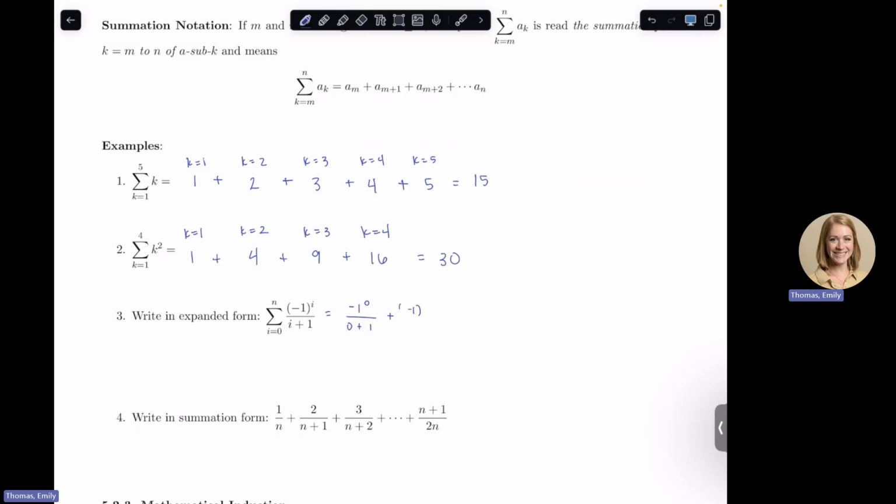Now we're moving to i equals 1. That's -1 to the first power over 1 plus 1. Plus -1 squared over 2 plus 1, for i equals 2.